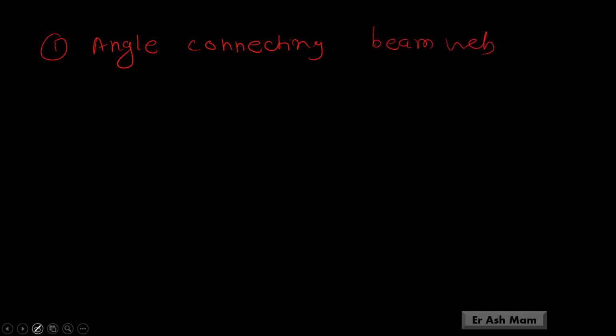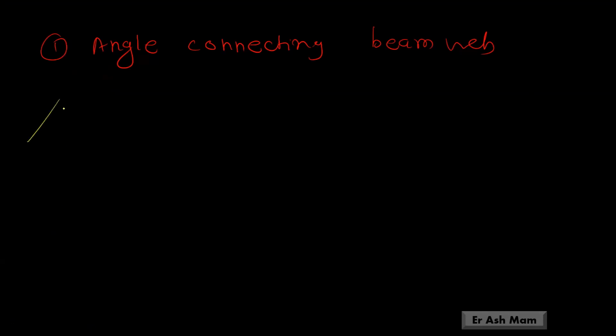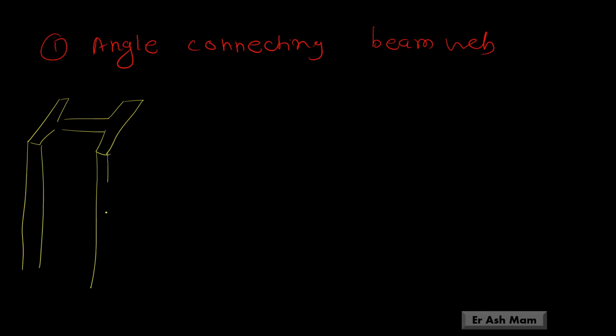First is angle connecting beam web. So you can see here, if it is column, okay.